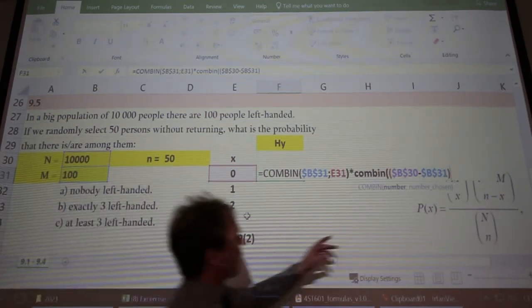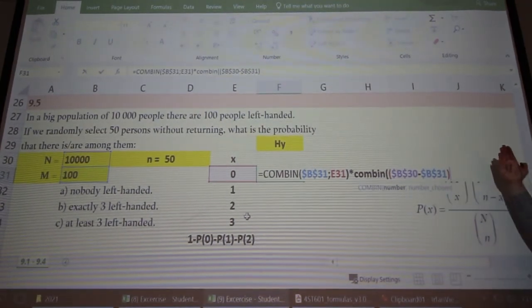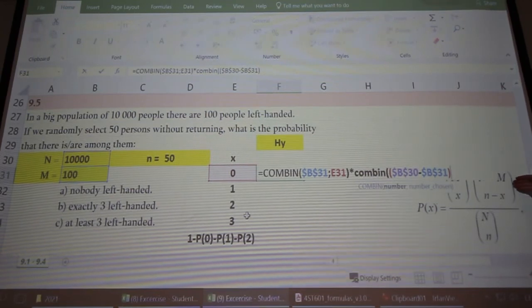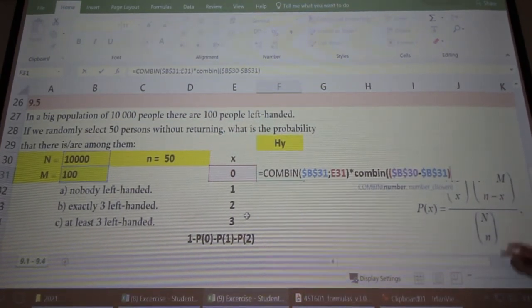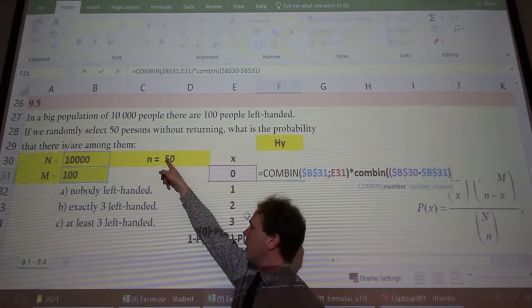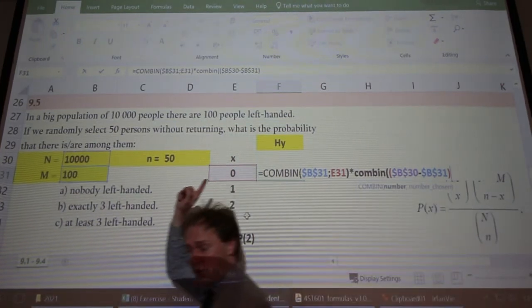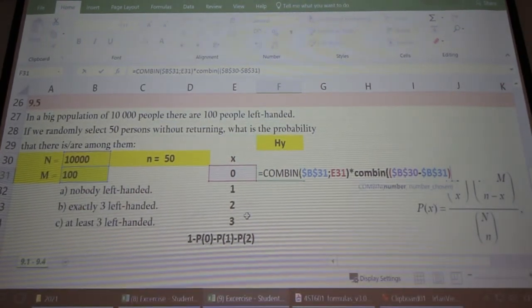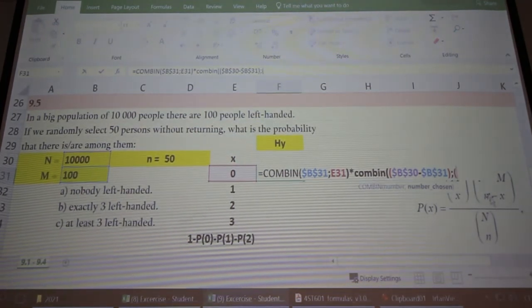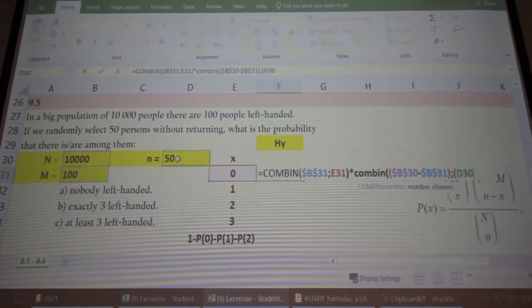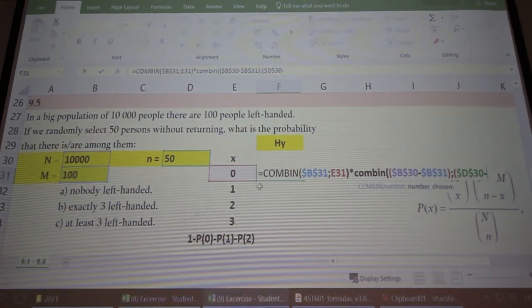So this is the first part of this combination number, the top. Comma, and below is small n minus x. Small n is a parameter, so it will be fixed, and x is a variable, it will not be fixed.